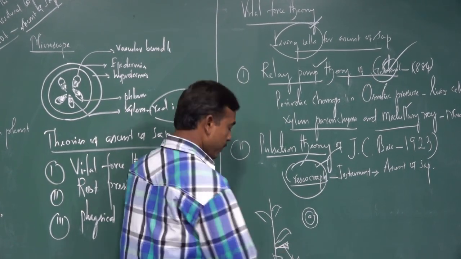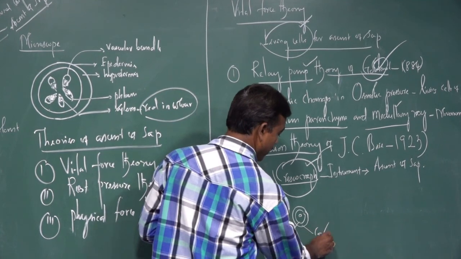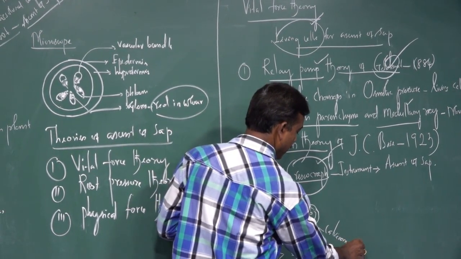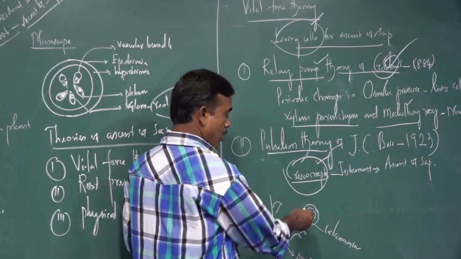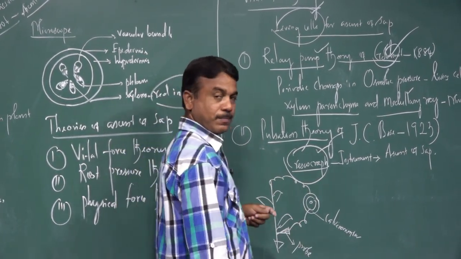The probe is attached to the galvanometer. The other end of the galvanometer is attached to the tip of the stem.